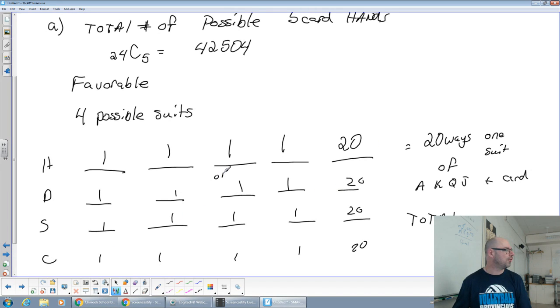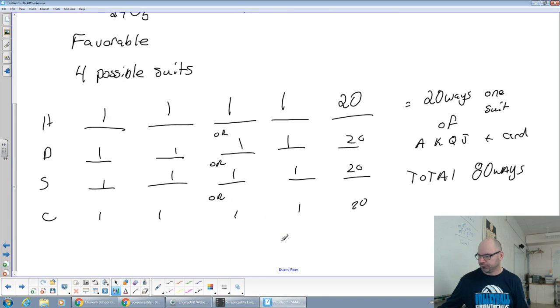These are all ors, so you add them: 20 plus 20 plus 20 plus 20. Or sometimes you could just say 4 times 20 for 4 different suits, right? So you get 80 ways. There are 80 favorable ways. So your probability is going to be 80 over this big number here.